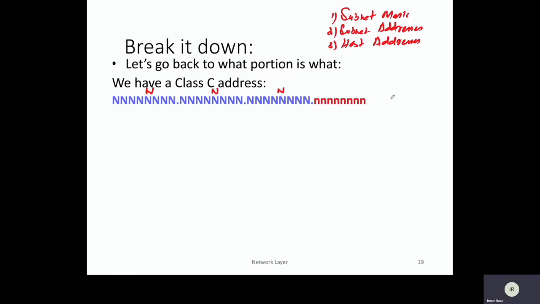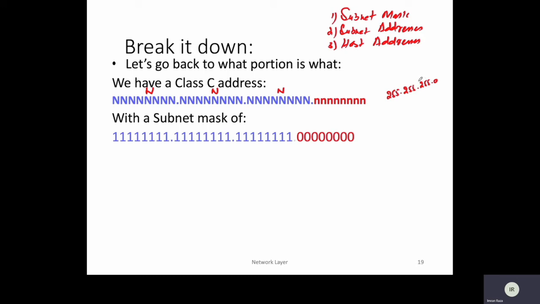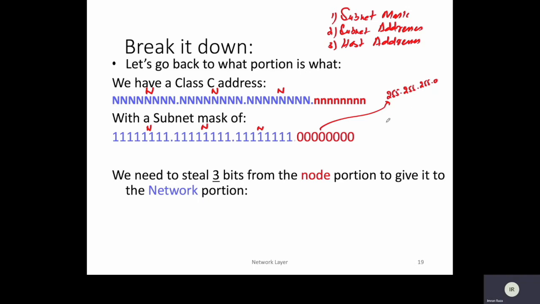The default subnet mask, as we all know, is 255.255.255.0. Since we have borrowed 3 bits from the host portion, these 3 bits have become part of the network portion.